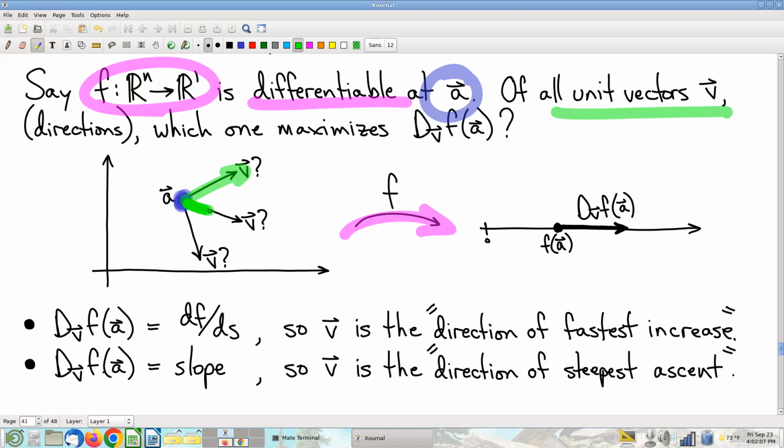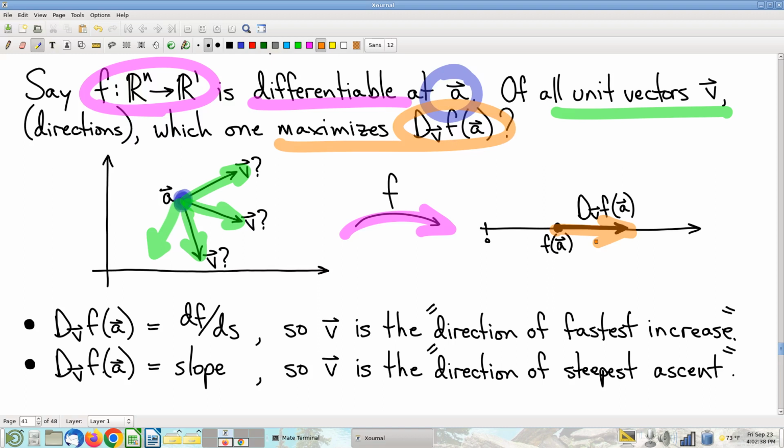I could go that way, I could go this way, I could go that way. There's infinitely many, there's a whole circle, if you will, of different directions that I could hypothetically move from this point A. Of all of those different options, which one makes the directional derivative here as big as possible?